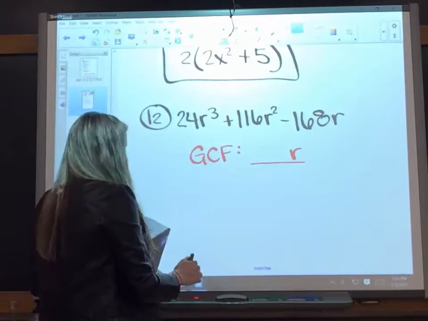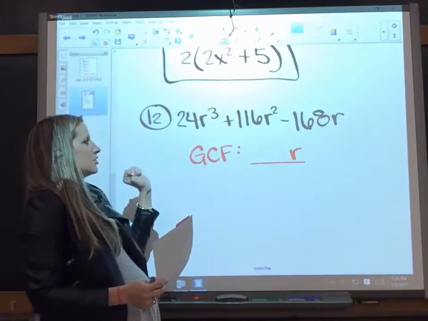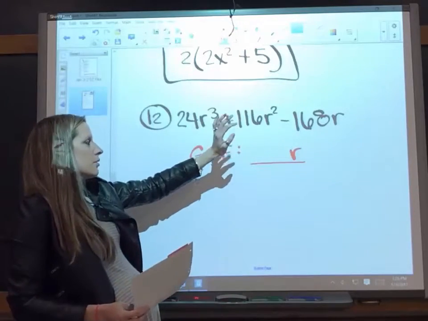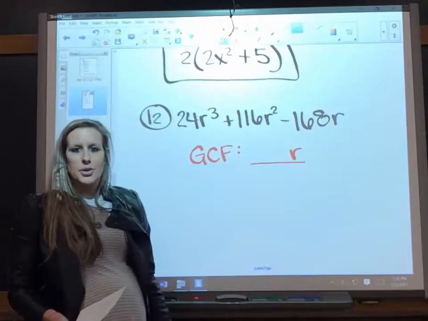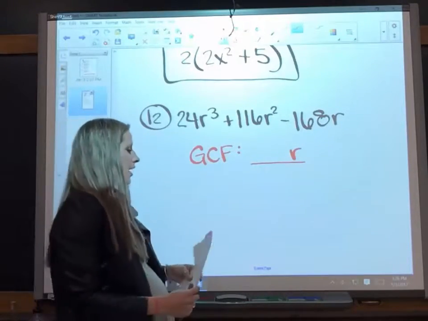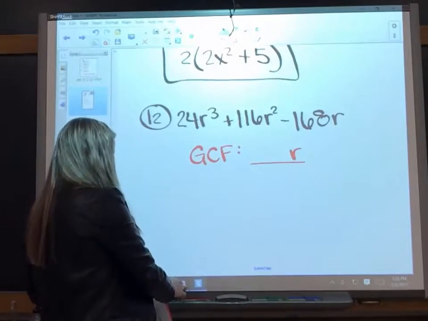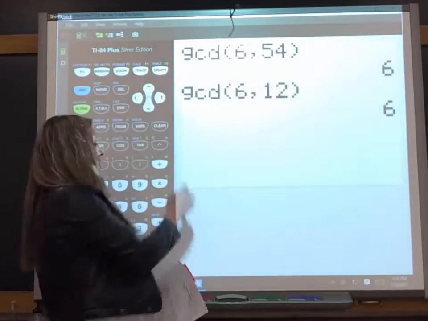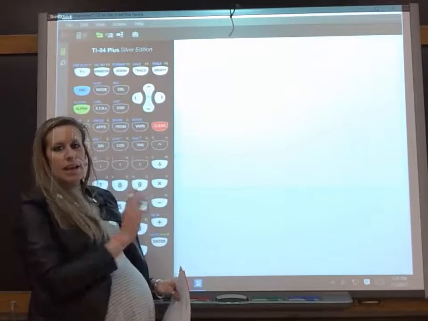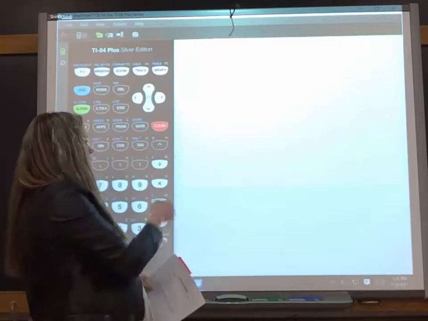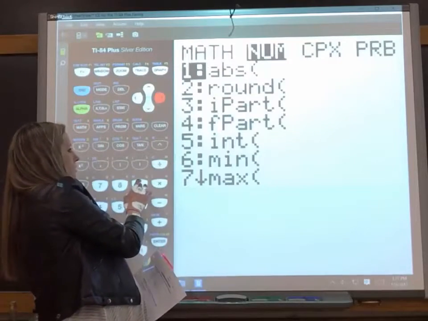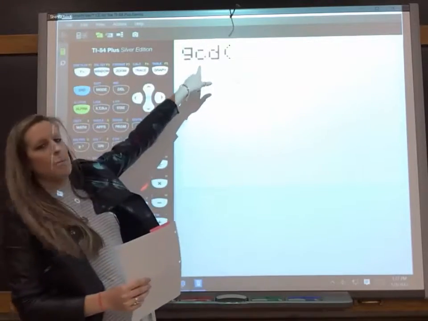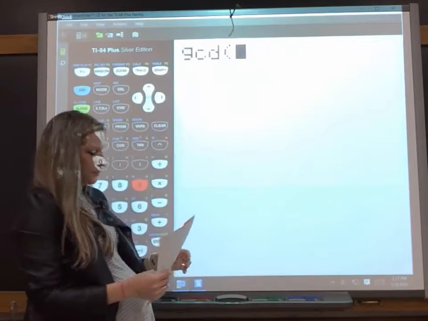Now, just by looking at 24, 116, and 168, a lot of y'all don't know what the greatest common factor is, and it's not a big deal. You can go to your calculator. You can either press second enter if you already have it in there, or you can go through and say math, right arrow, 9, and it'll come up with the GCD.